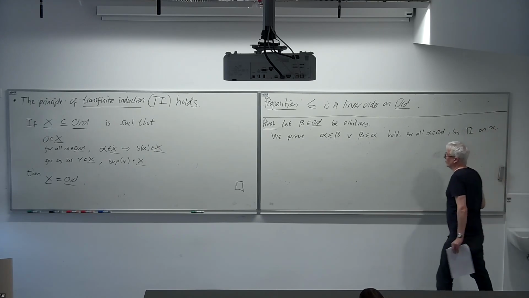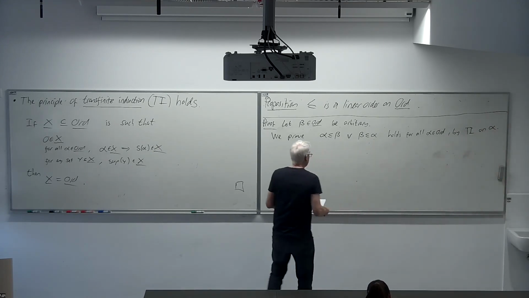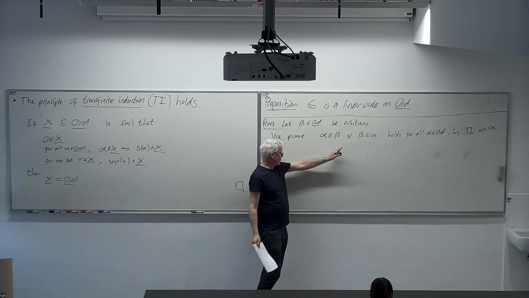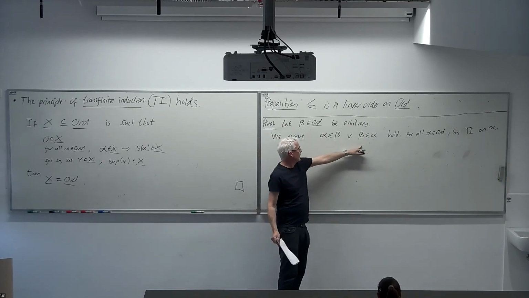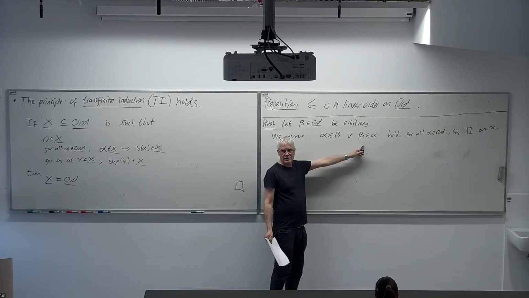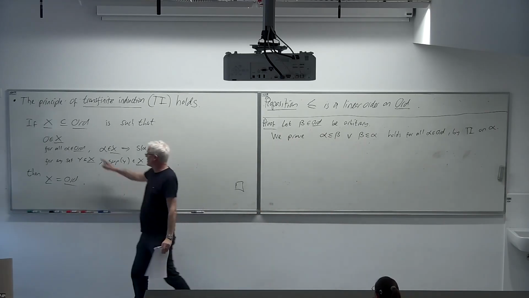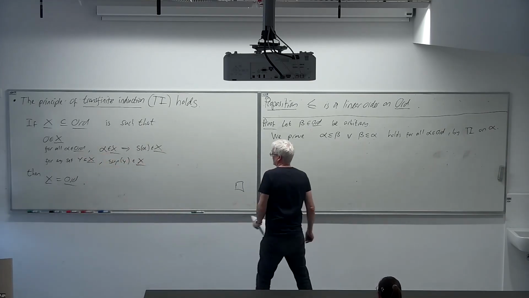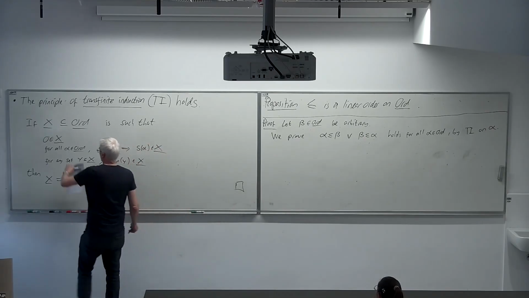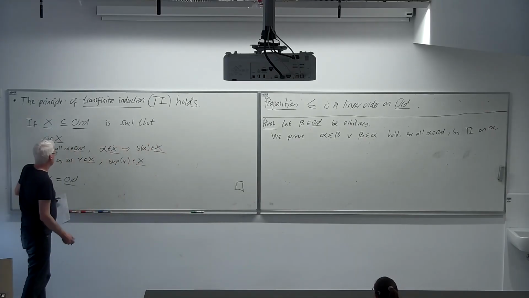So what this means formally is we fix beta, and we consider the class of all ordinals alpha that satisfy this property. We're going to show that it's closed under these three conditions. It's like ordinary induction.